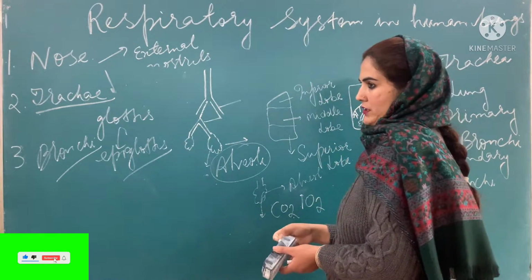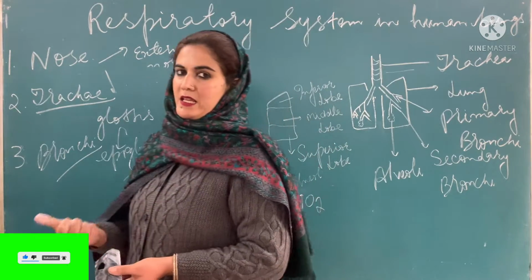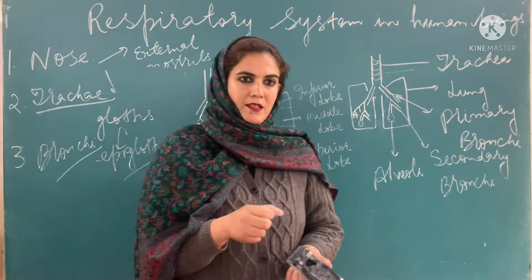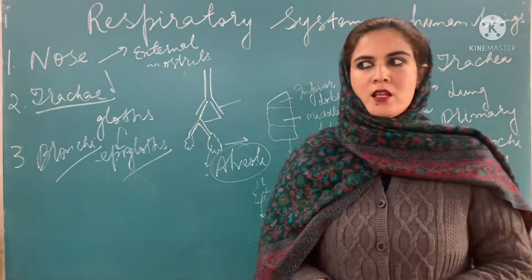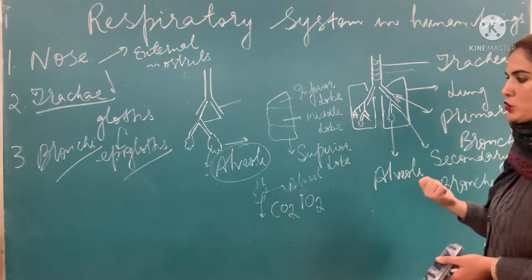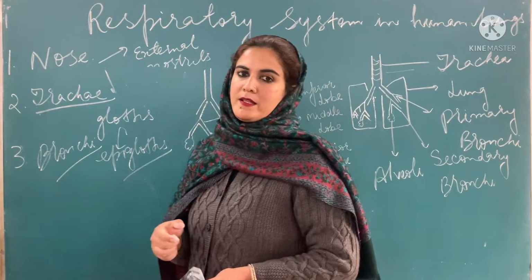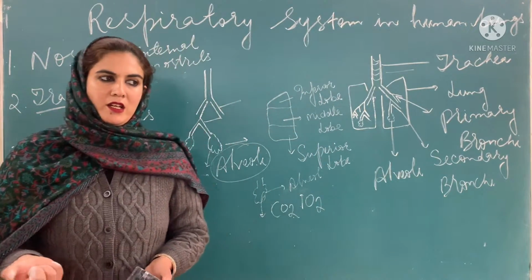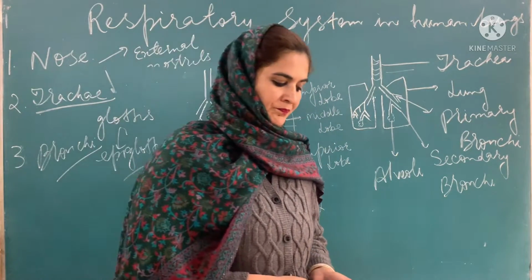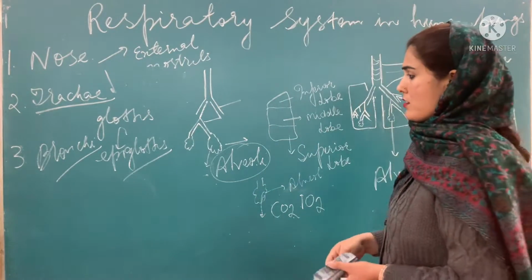So we read somewhere that gaseous exchange takes place through the lungs. But in which part of the lungs? It is in the alveoli where the gaseous exchange takes place, CO2 is eliminated and O2 is taken in. Fine.